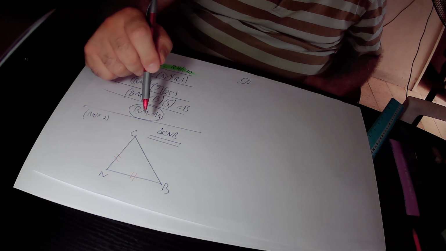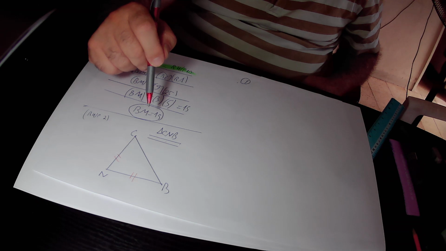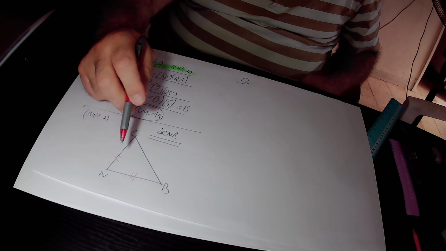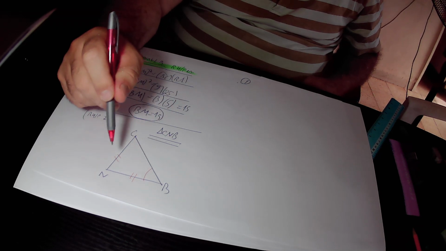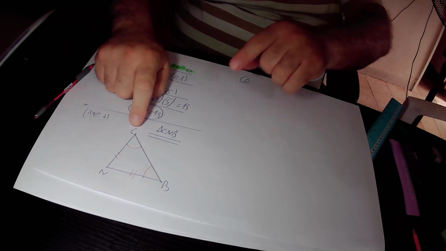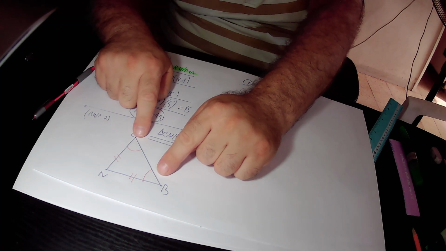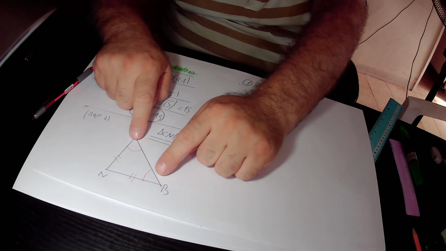And we also have the rule that states that in front of equal sides in the triangle there are equal angles. So in front of this side CN we have this angle, and in front of this side NB we have this angle. Because those two angles are located in front of those two equal sides, they must be equal to each other in their sizes.